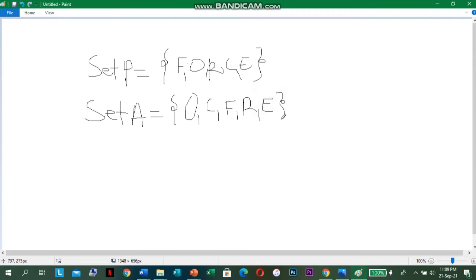Now, in set P, we have F. In set A, we also have F. In set P, we have O. In set A, we also have O. In set P, we have R, and in set A, we also have R. In set P, we have C, and in set A, we also have C. In set P, we have E, and in set A, we also have E. So therefore, they are the same.